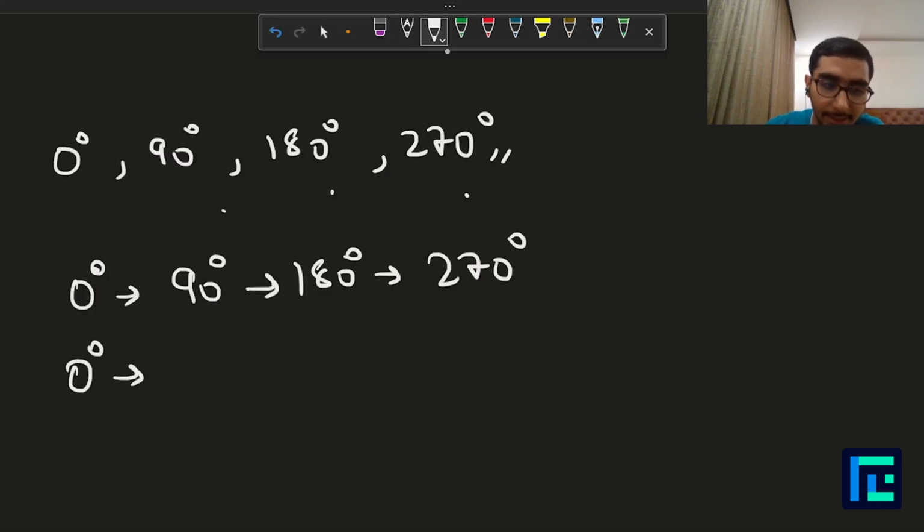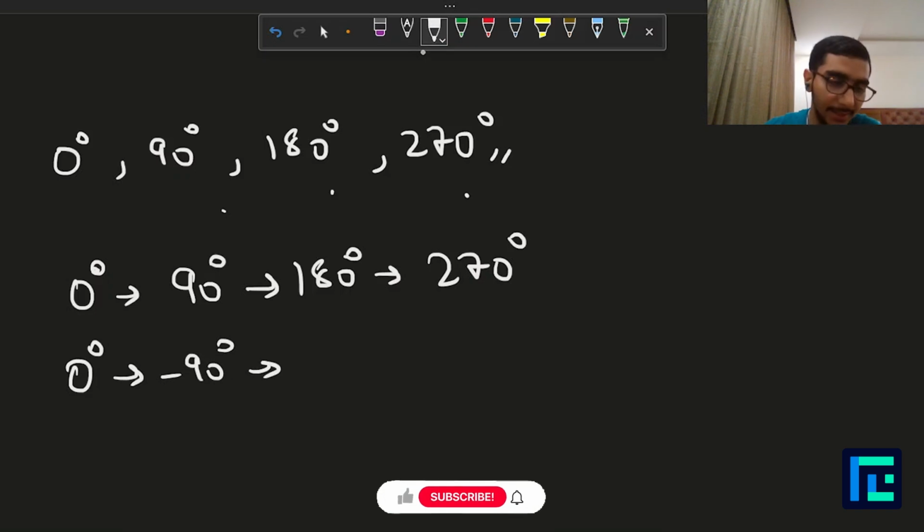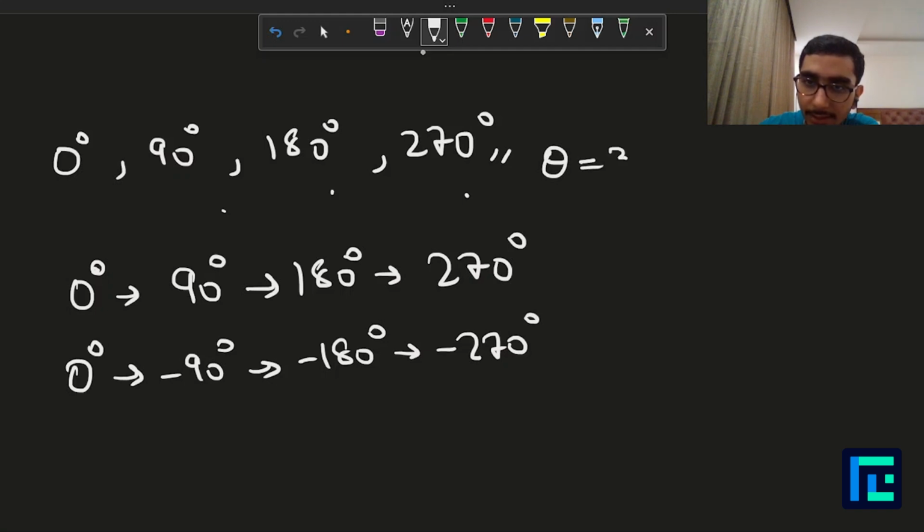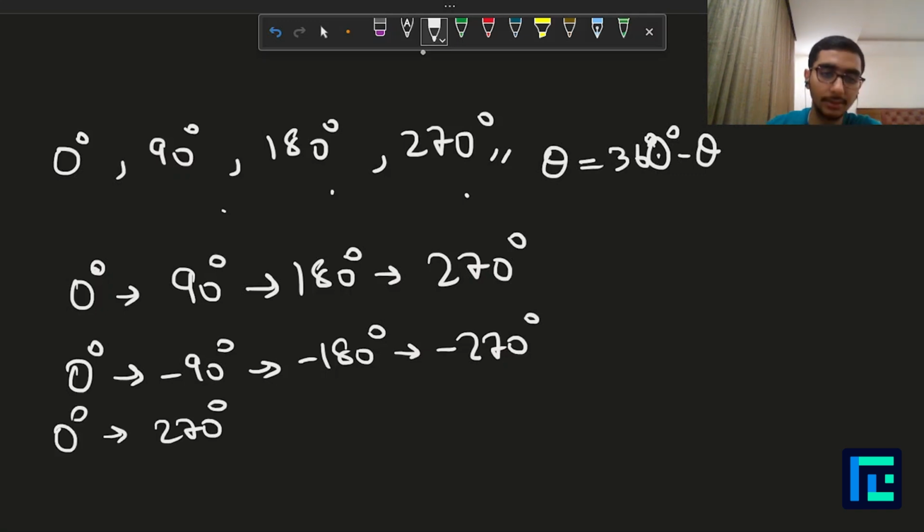So if I go negative 90 degrees, that would be minus 270, and this would be how much? Okay, I should not write minus 270 actually, sorry. I should write it as minus 90, because 0 minus 90 is minus 90, and then minus 180, and then minus 270. But we know that for any angle theta, we can write it as 360 degrees plus theta.